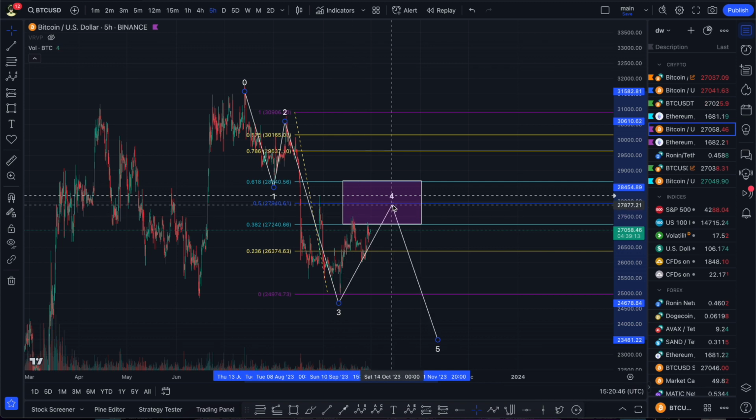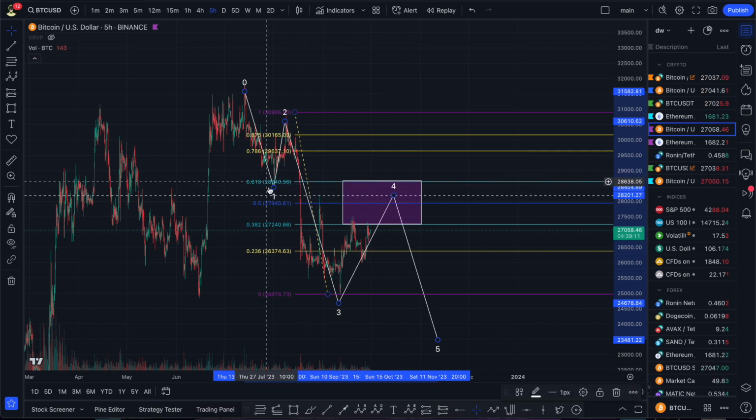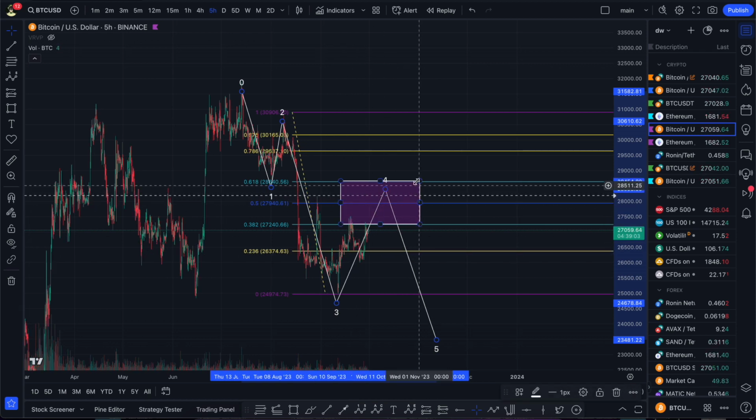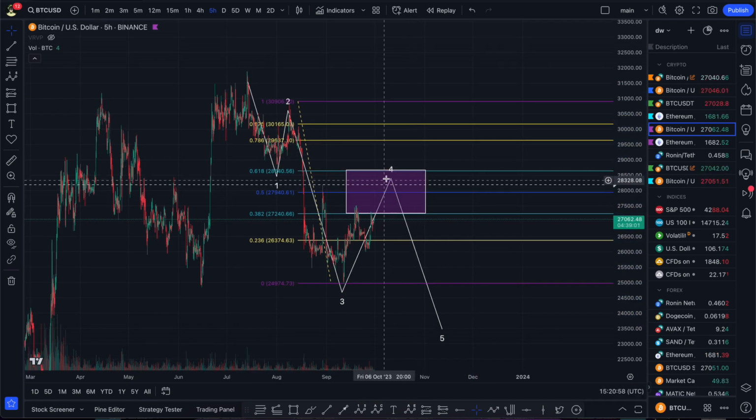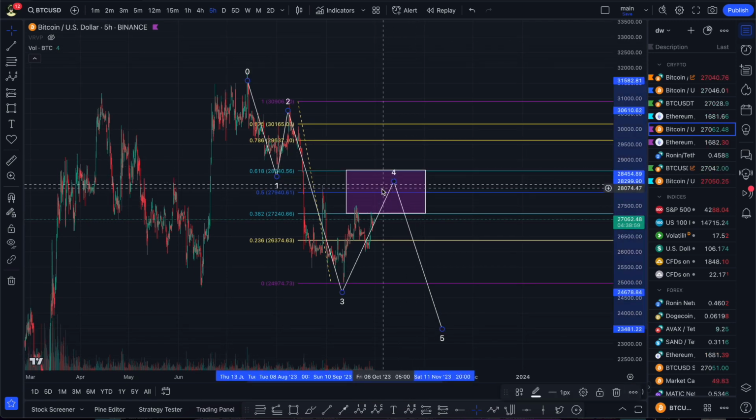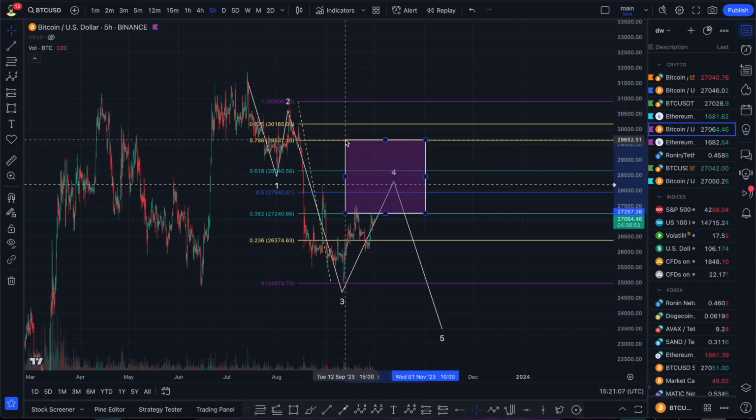So our main target as a wave 4 is to break it down by a clear structure inside, right? And this clear structure should mesh with where we are expecting Bitcoin as a wave 4. One more thing I want to say: wave 4 also often touches 0.7. We cannot ignore the situation.